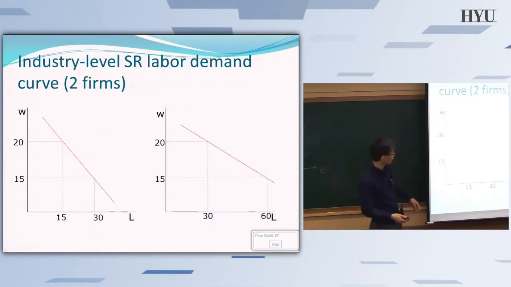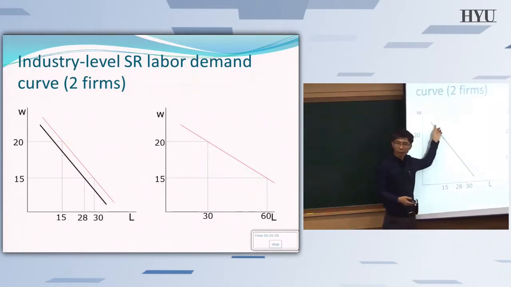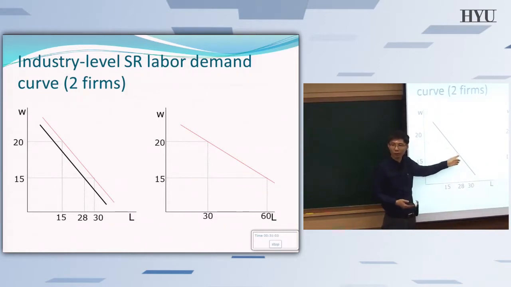So that black one is the new VMP curve, given the wage is $15. This is an industry-level VMP curve. Think about it. Which means what? Now the firms will not hire 30, they will hire 28.